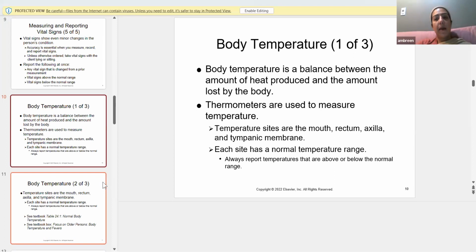Body temperature is a balance between the amount of heat produced and the amount lost by the body. Thermometers are used to measure temperature.